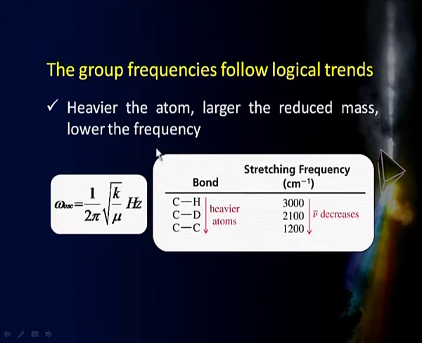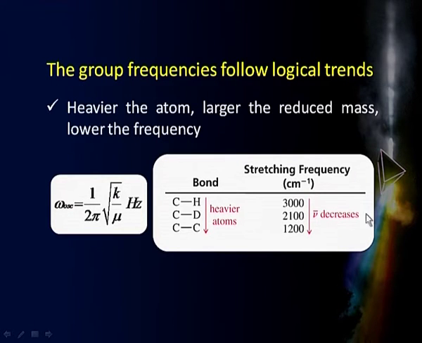When the atom happens to be heavier, the reduced mass will become large, because reduced mass is m1 into m2 by m1 plus m2. So, if m2 increases, reduced mass increases, and since reduced mass happens to be in the denominator in this formula, the vibration frequency will decrease, and that is what we are observing here.